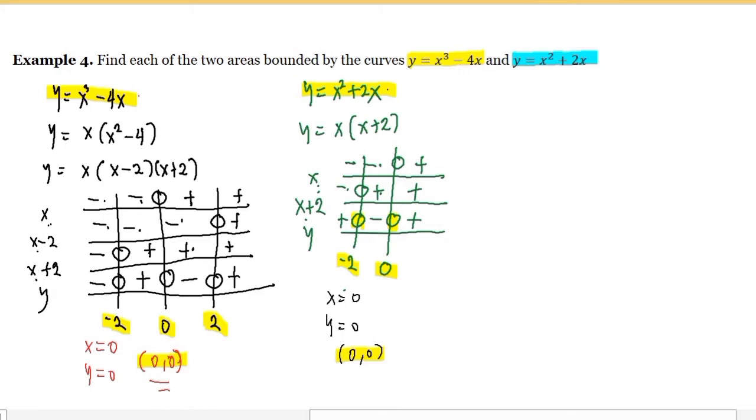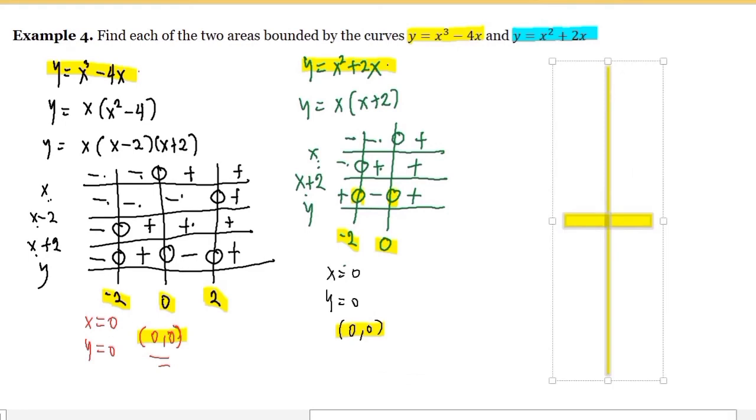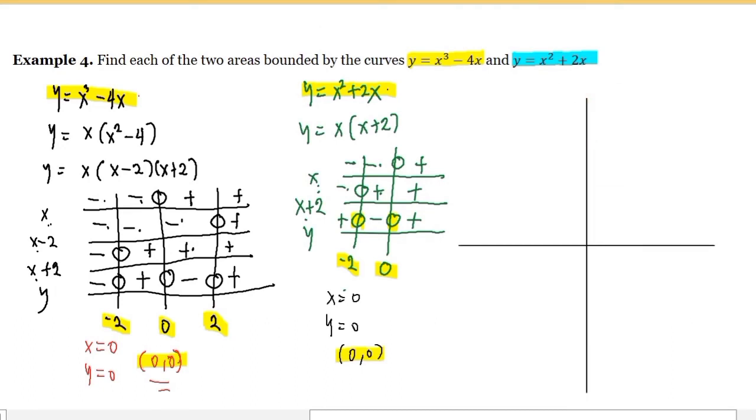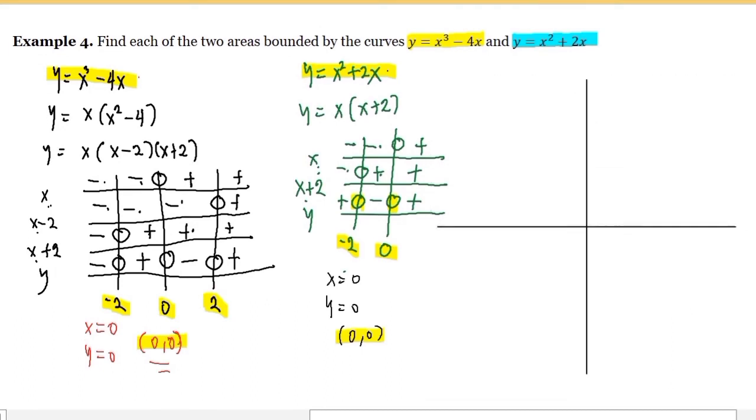So, graph muna natin siya para makita natin kung ano yung itsura niya. Ayan. Kung ika-graph natin itong first equation natin, gagamitan ko siya ng color green. At x is equal to negative 2, doon siya dumaan. Tapos, dumaan din siya sa x is equal to 0.